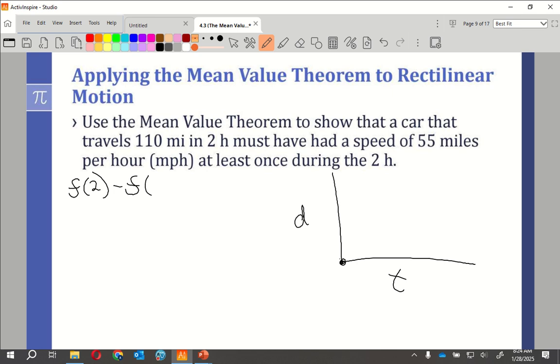How many hours does it start? 0, right? Okay. Should be equal to 2 minus 0. So at the end of 2 hours, how many miles did it go? 110, right? Minus, at 0 hours, what distance did it go? 0 over, and this is for my secant line.